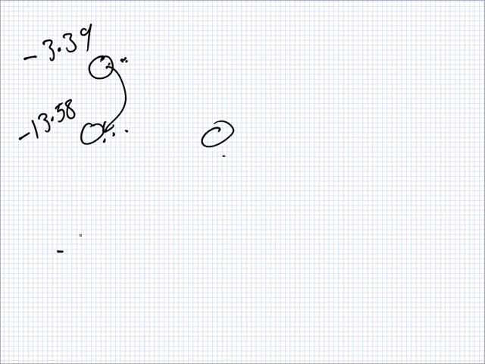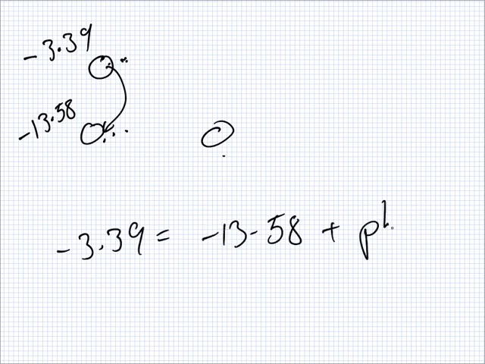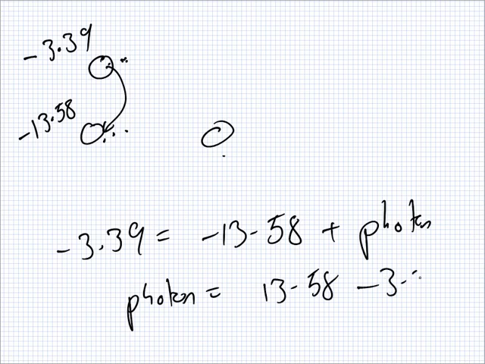So the energy at the start must equal the energy at the end, plus the energy of the photon. Correct? So then the photon energy is 13.58 minus 3.39. No, hf.